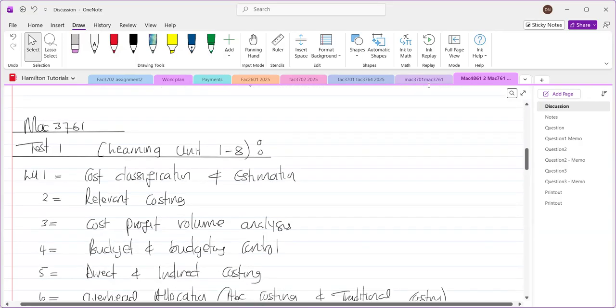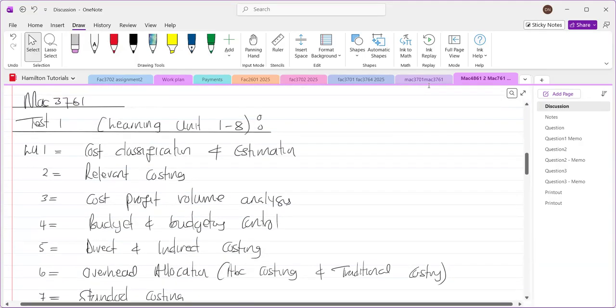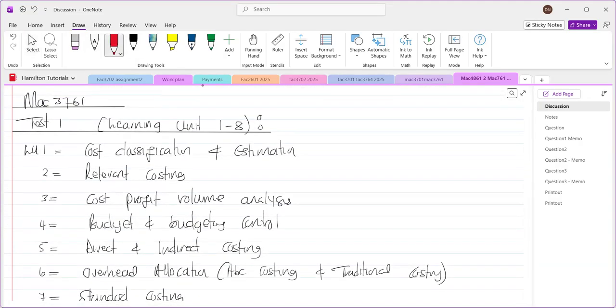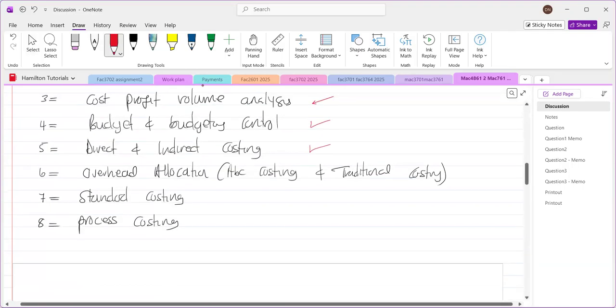Right, MAC 3761, you have similar information, though we differ here and there. But in common, we have cost classification and estimation. We have CPV, we have budgetary control, we have direct and indirect costing. Right, we have APC here, which is overhead allocation.